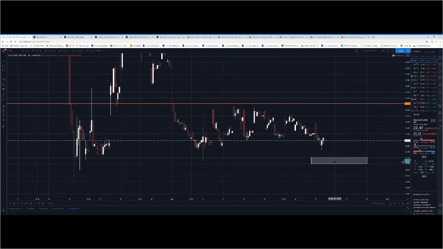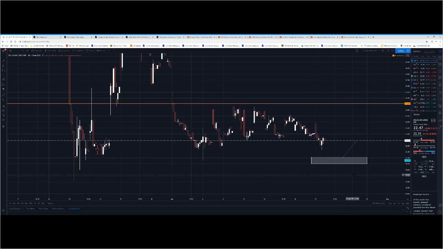Once it comes down into this range, your estimate is that it will bounce back up. You're expecting prices to bounce off the support level. So it should bounce back up.